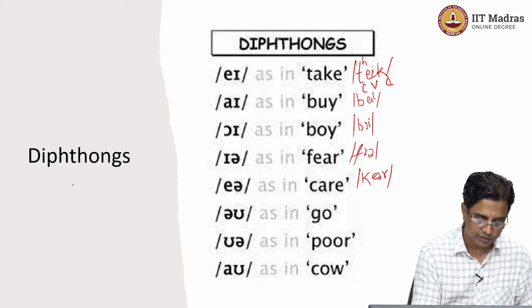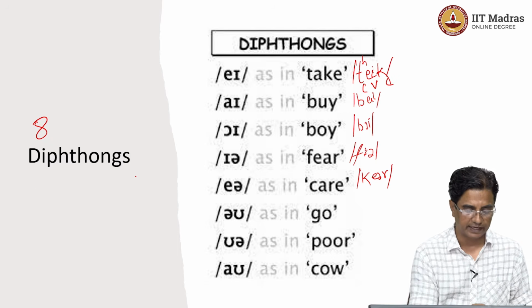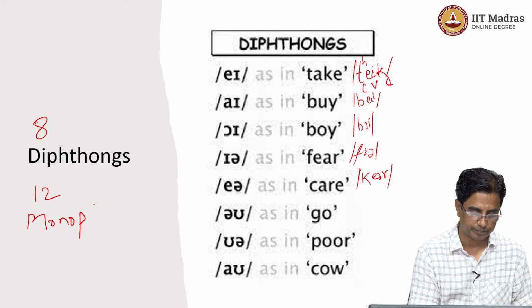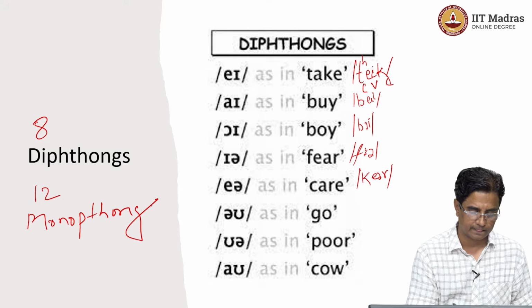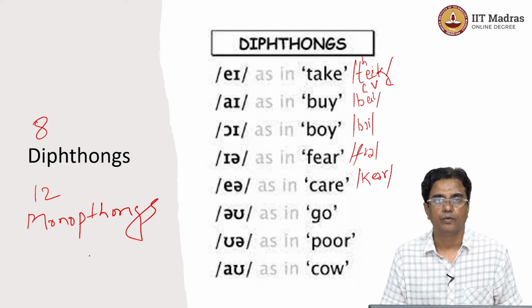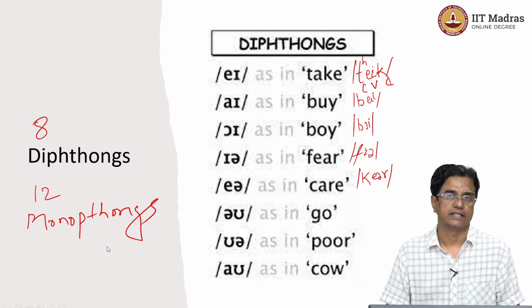Important part: 8 diphthongs and 12 monophthongs. This is the classification of vowel sounds in English. That is further classification.